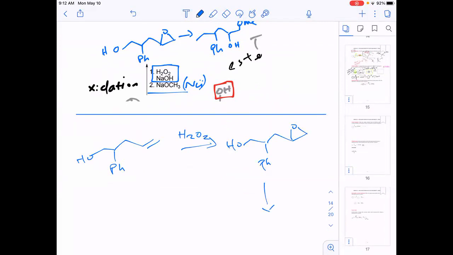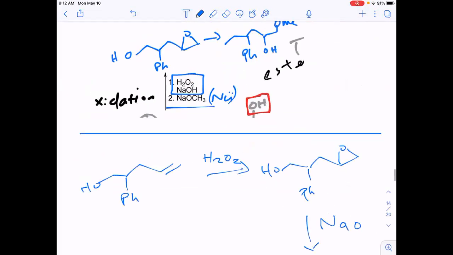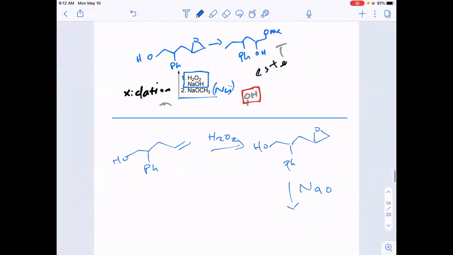Then when I treat that with sodium methoxide, that's kind of the reagents. You need sodium methoxide, but you're also going to have to quench it to protonate the epoxide oxygen. I'll show you what I mean by that. So this is just going to open the epoxide. The methoxide anion is your nucleophile. Sodium is just a counter ion.